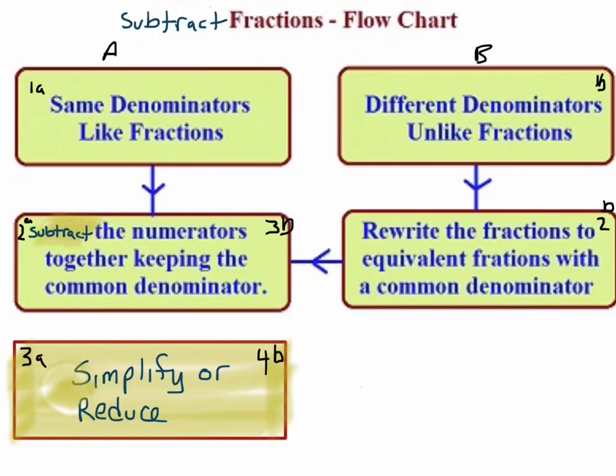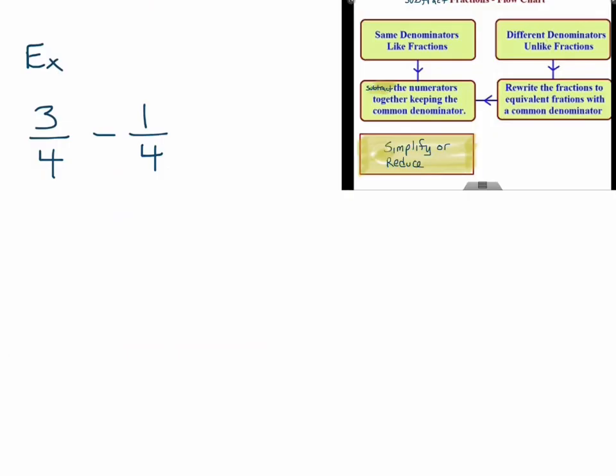Alright, so let's look at some examples. Example 1. Well, we're going to be using this path because we have same denominators. Well, what this does is 3 minus 1, which is 2/4.